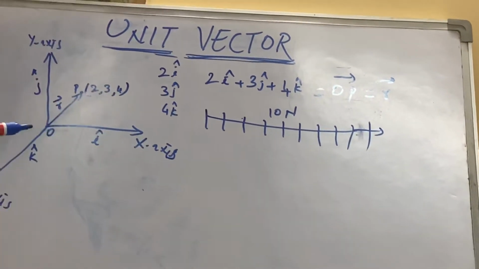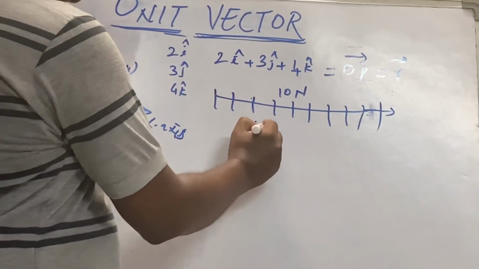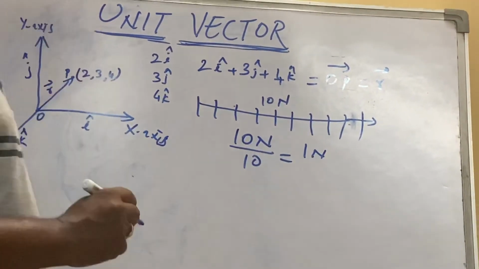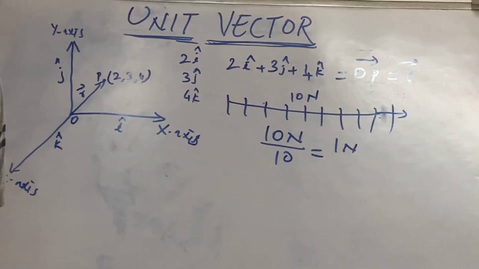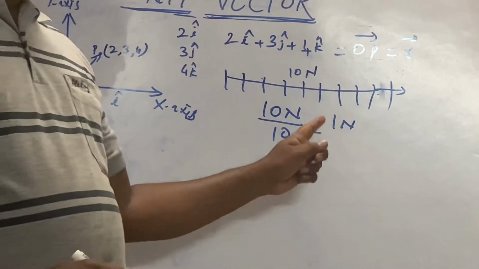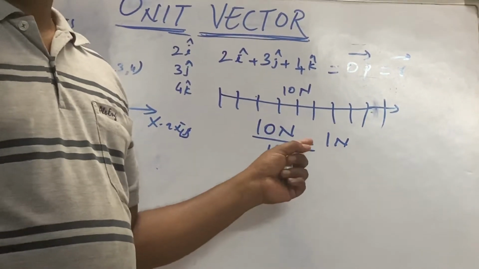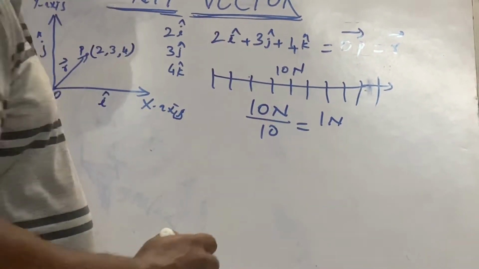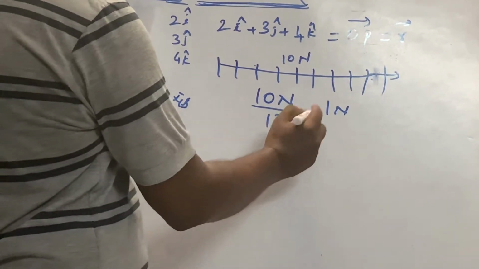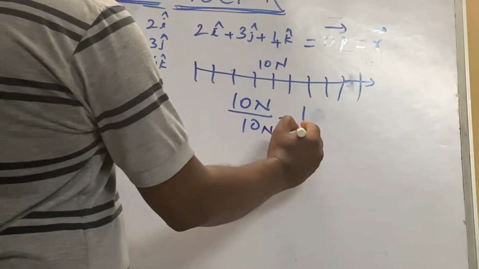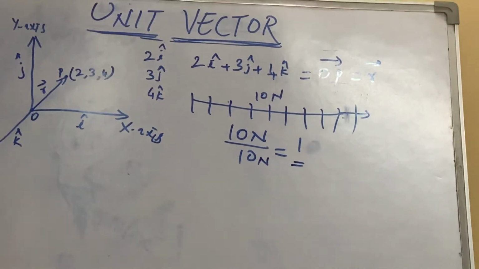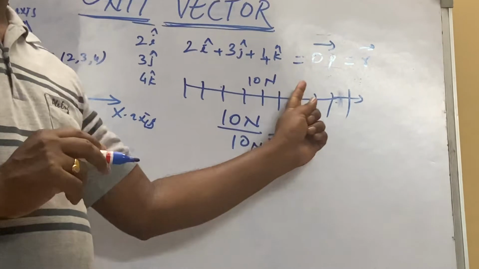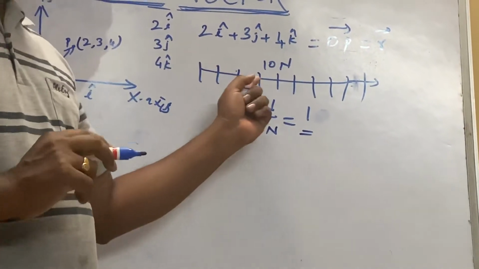Dividing 10 Newton by 10, we get 1 Newton. But 1 Newton is not a unit vector because a unit vector is dimensionless. It has no dimension but has a direction along the given vector. So we have to divide the 10 Newton by 10 Newton, then we get 1. This represents the unit vector, whose magnitude is 1 but direction is along the same given vector.